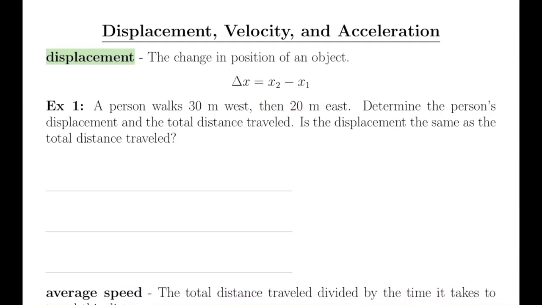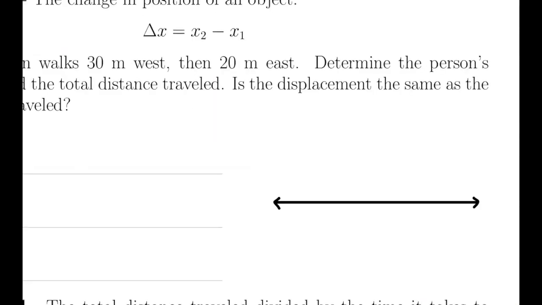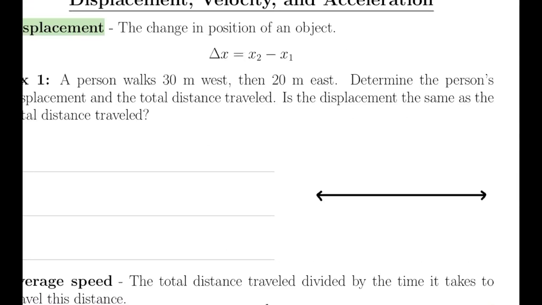Let's do the first example. A person walks 30 meters west, then 20 meters east. Determine the person's displacement and the total distance traveled. Is the displacement the same as the total distance traveled? So let's start by drawing a little picture. I'm going to call the initial position of this guy 0.